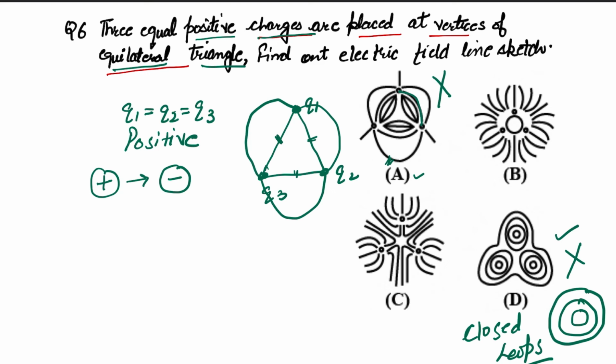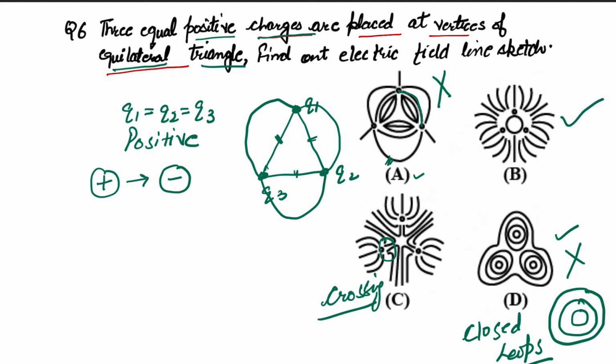In option C, if you look, the electric field lines are crossing each other. So at these points, the electric field lines are crossing each other, but electric field lines cannot intersect each other. Because if they intersect each other, then at the point of intersection they will have two directions, and this is not possible.